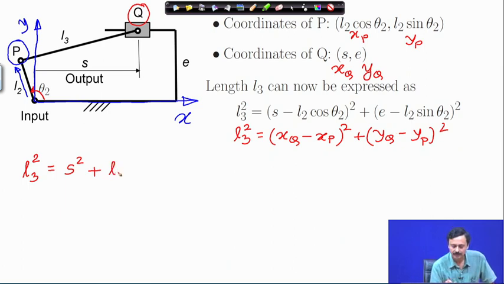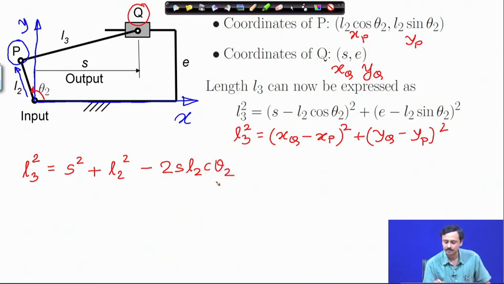So, L2 square cos square theta 2 plus L2 square sin square theta 2 is L2 square. Then we have this cross terms minus 2s L2 cosine of theta 2. So, I am writing as c theta 2 in place of cosine theta 2.